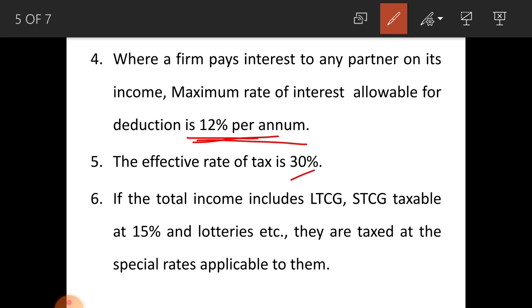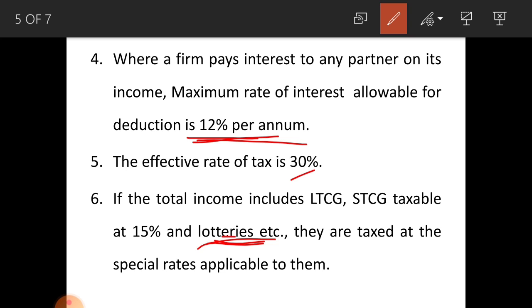Next feature is, if the total income includes long-term capital gains, short-term capital gain taxable at 15%, and lotteries etc., that is casual income, that is lotteries, crossword puzzles, horse races etc., they are taxed at the special rates applicable to them. Here you have to apply the special rates like in assessment of individuals.